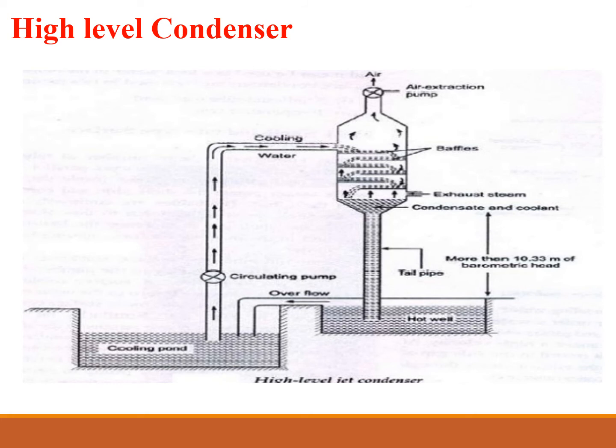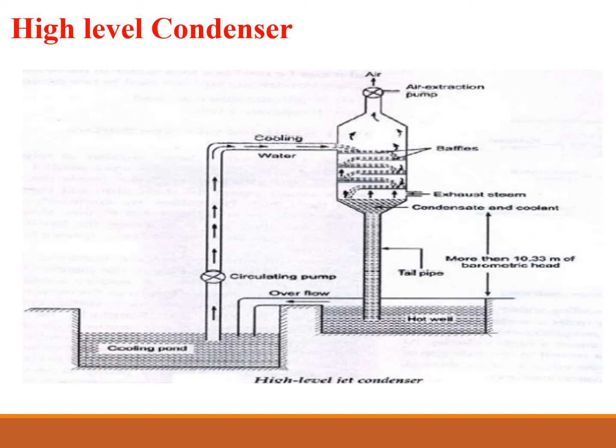The condensate and cooling water flow out of the condenser through the tailpipe into the hot well by gravity. The air, uncondensable gases and water vapor rise to the top of the shell and are removed by a dry air pump.